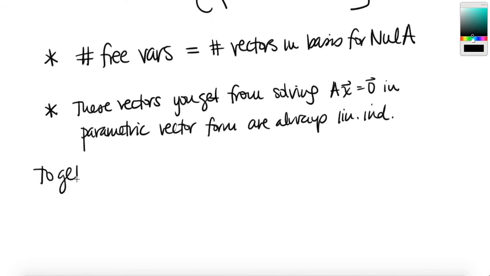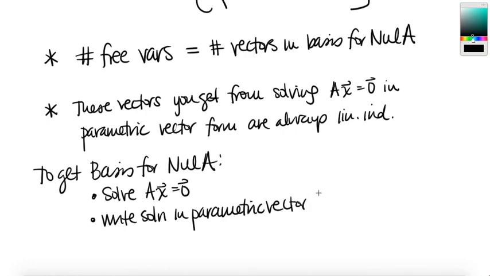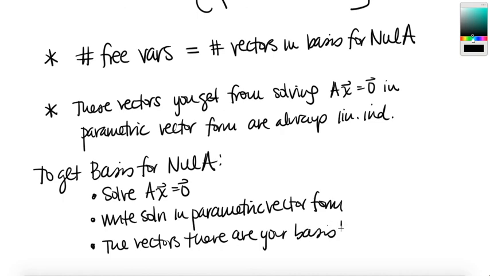So to get a basis for null A, you solve the homogeneous equation, AX equals 0. You write that solution in parametric vector form, and then the vectors that you get there are your basis. And that's it.